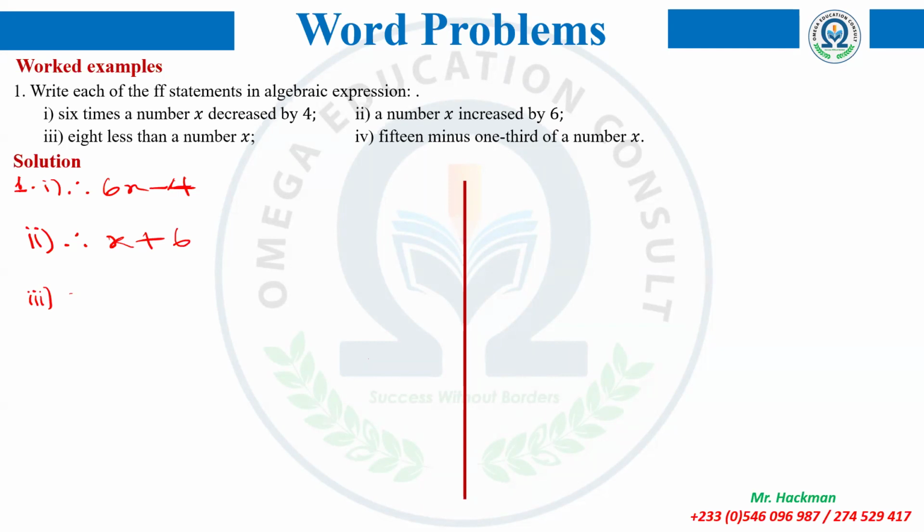Anytime we say 8 less than a number x, it means we have our number x, but it should be 8 short. So I'm talking about I have my x and I'm subtracting 8 from it. 8 less than which number? 8 less of what? Of x. So in this case, the correct answer will be x minus what? Minus 8.